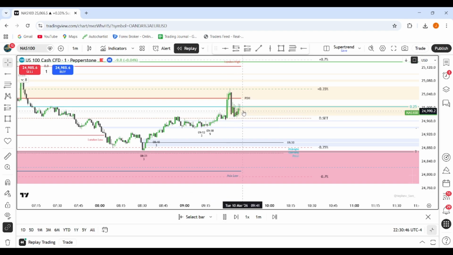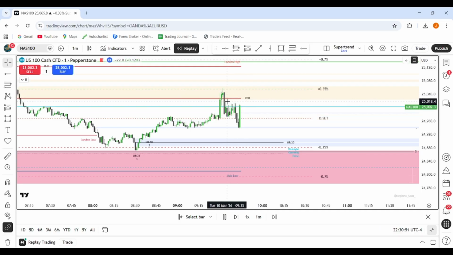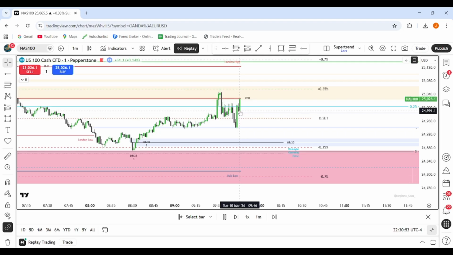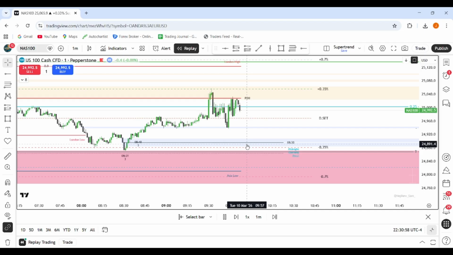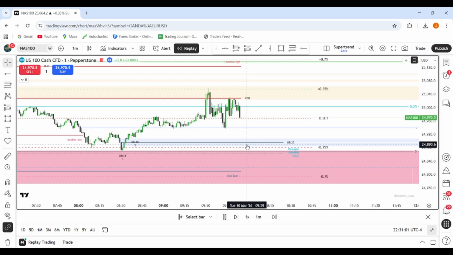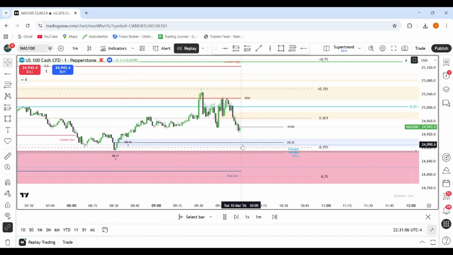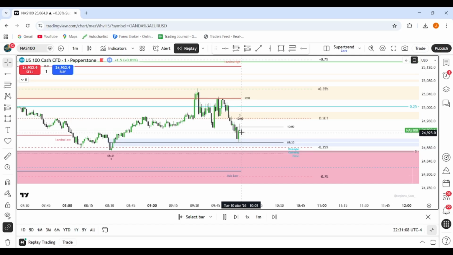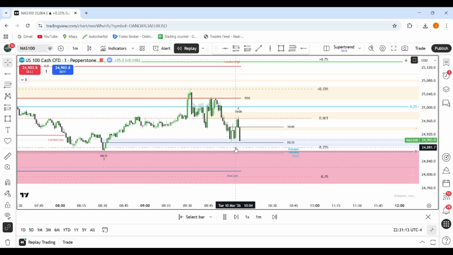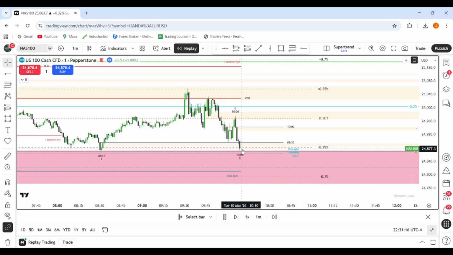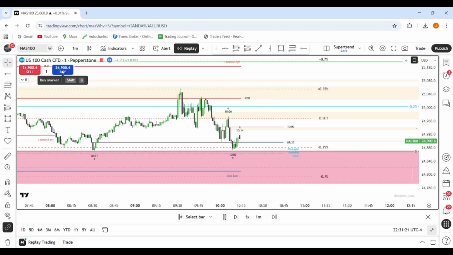We can see price resisting this first fair value gap. And then it does eventually get down to our point of interest, which, as you can see, is these two inverted fair value gaps. Now, we also saw 10 o'clock open low, which is what I was looking for, and then this would have been your optimum entry to buy there.